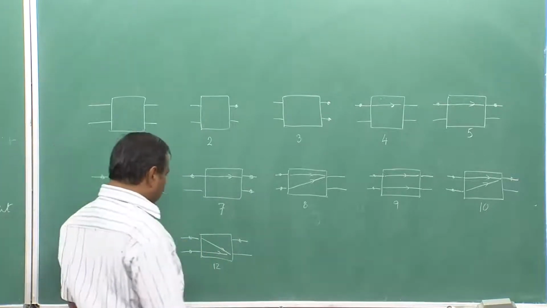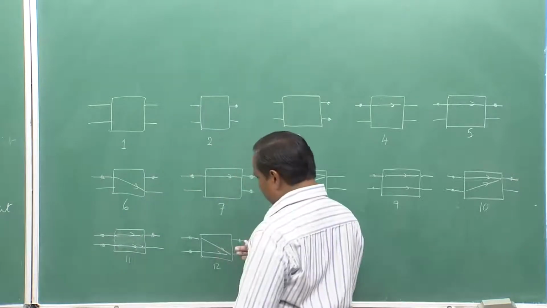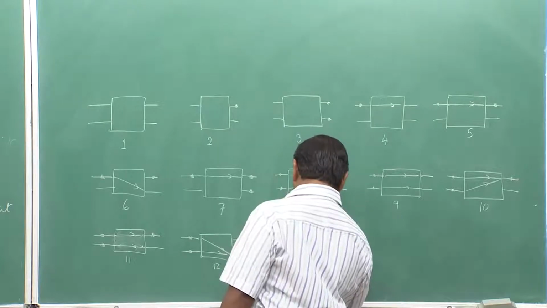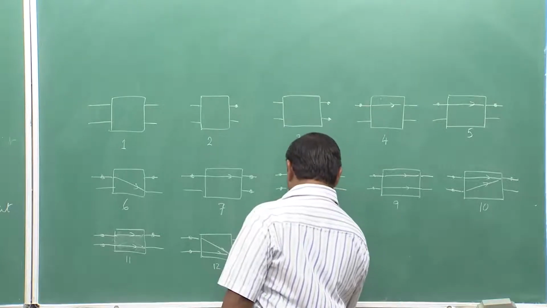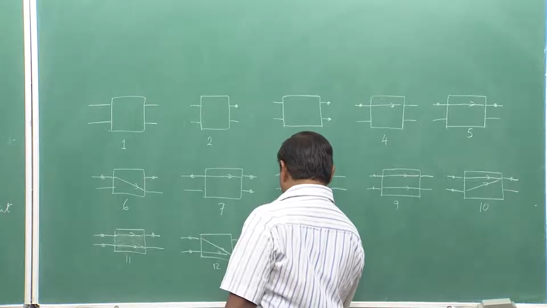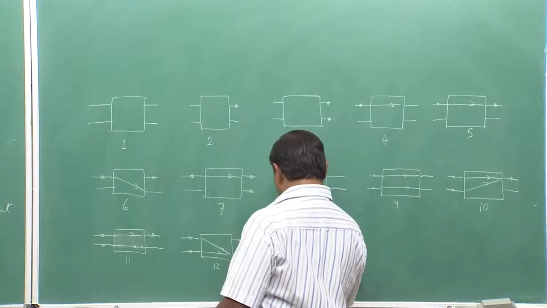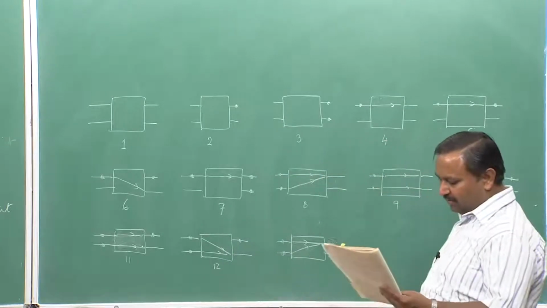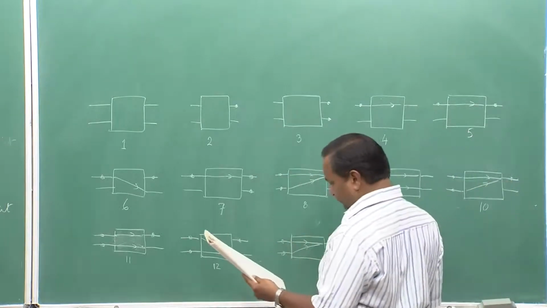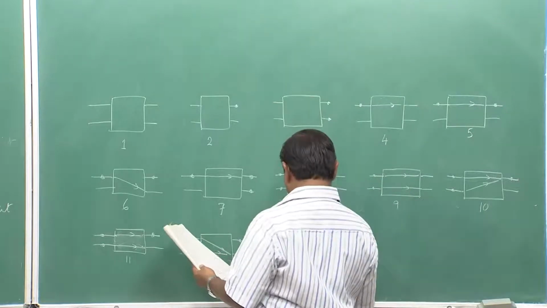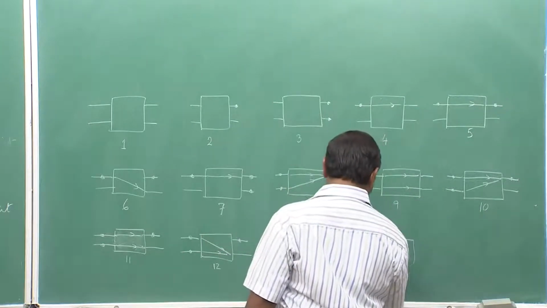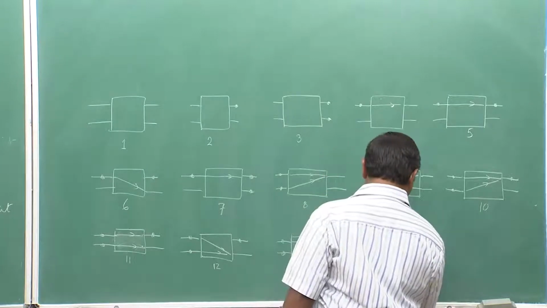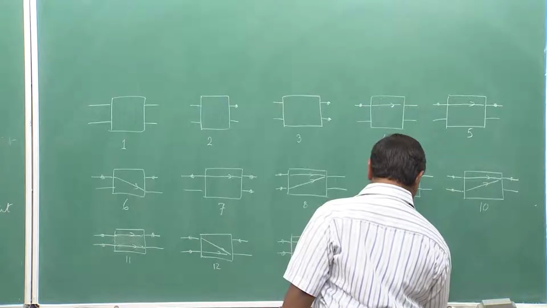Okay. Now, I have exhausted all the ones with two inputs and one output, and now I have to put two outputs and two inputs, and there are only two possibilities. One is that these two are trying to go to the same outgoing port, this is state number 13, and then we have this as state number 14.